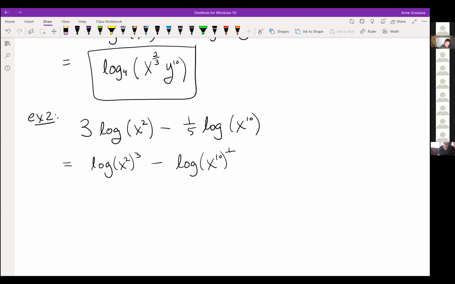Okay, so the first thing was you should have moved those numbers in front up as exponents. And then we multiply them.